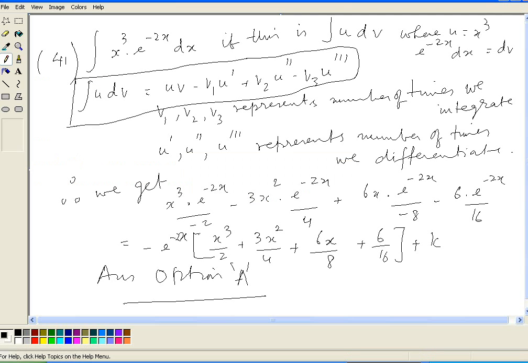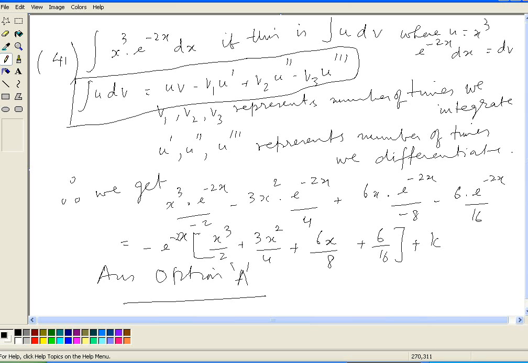Going back to the work area, if you take u as x cube and dv as e power minus 2x dx, I can generalize this formula: integral of u dv as uv minus v1 u dash plus v2 u2 dash minus v3 u3 dash, where v1, v2, v3 represent the number of times we integrate. v1 means once we integrate, v2 means twice, v3 means we integrate 3 times, that is dv.